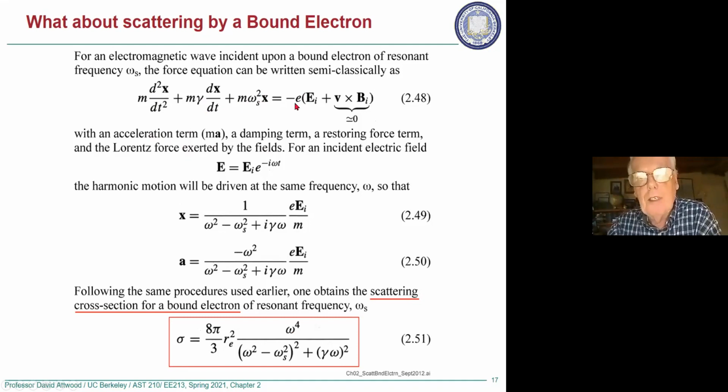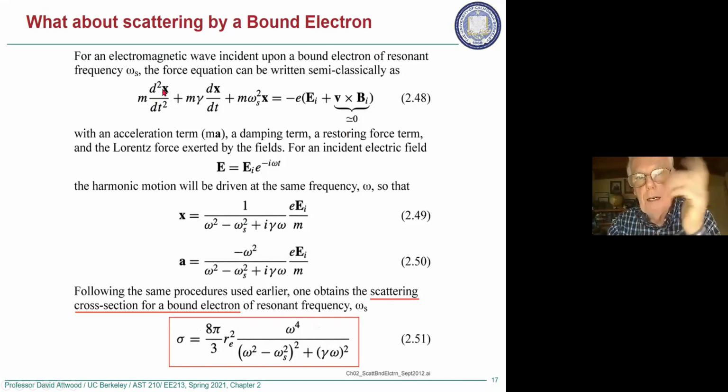This is the oscillation of a bound electron, meaning it's bound to some atom or ion, if there's been a few electrons removed, as in a plasma. But this is the equation of motion, and we're going to solve this for the acceleration and stick it back in that same formula.